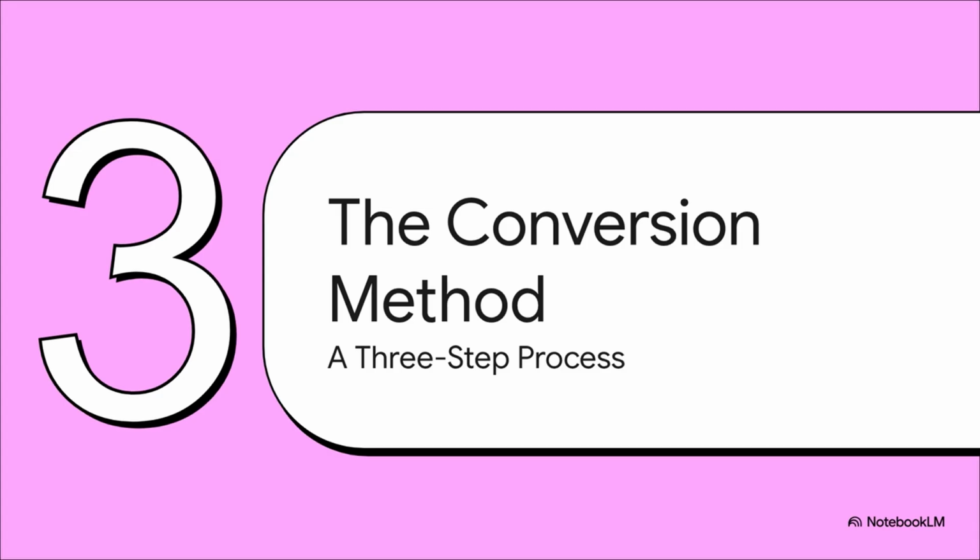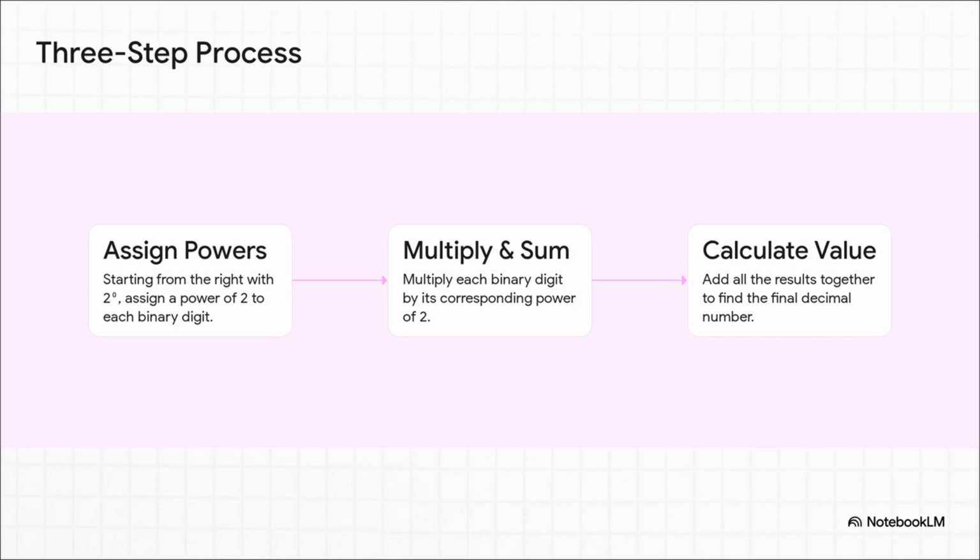The good news is we can break this entire conversion process down into three very clear and simple steps. If you follow these three steps every single time, you will always find the correct answer. Let's take a look at what they are. First, we assign powers of 2 to every digit in the binary number, and we always start from the right with 2 to the power of 0.